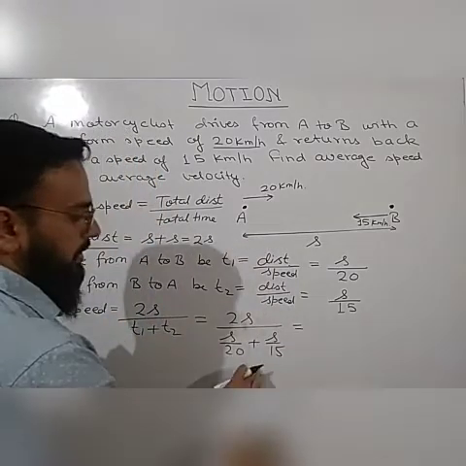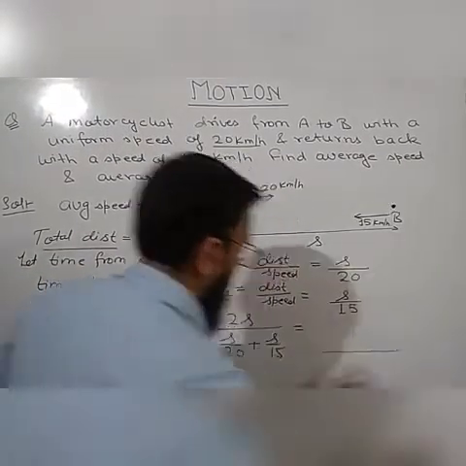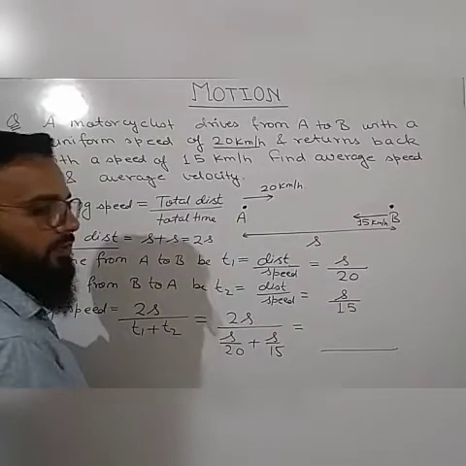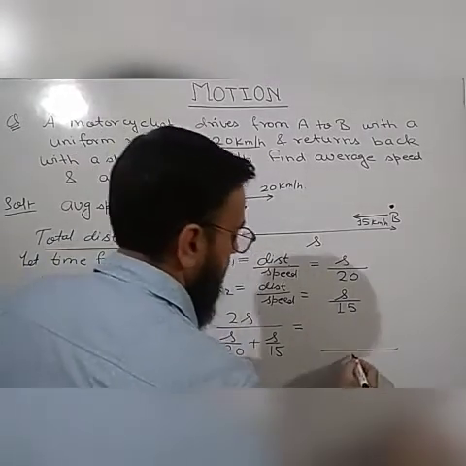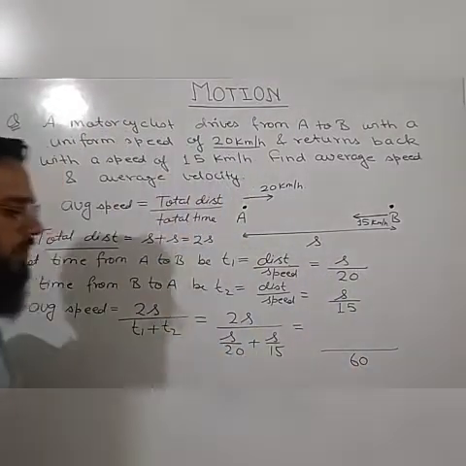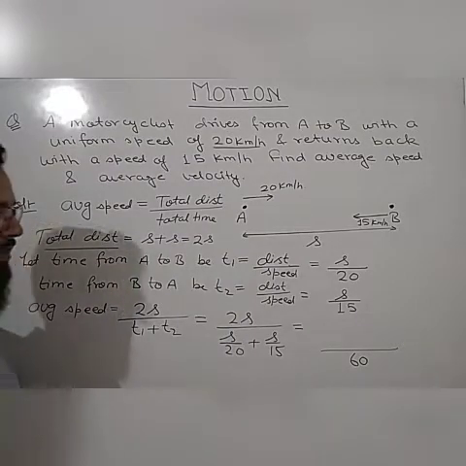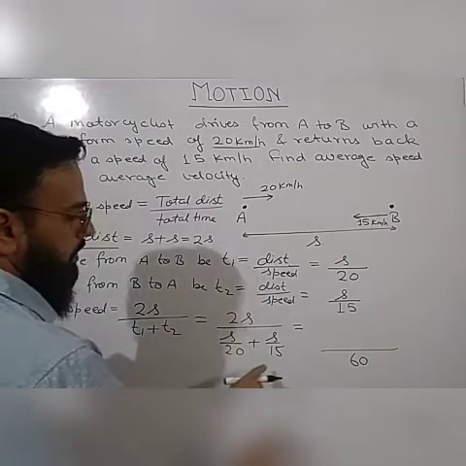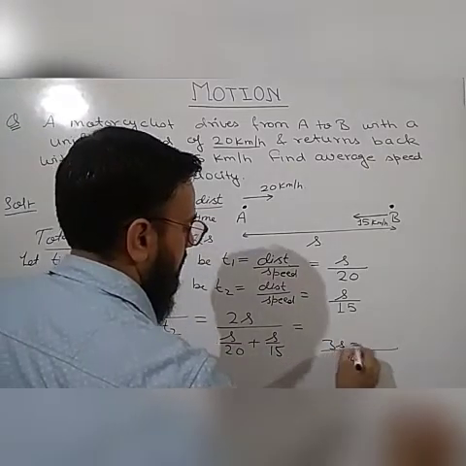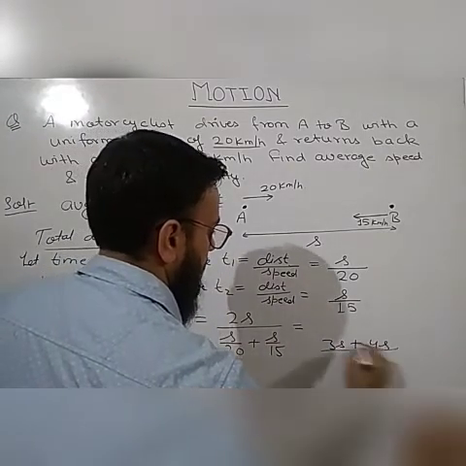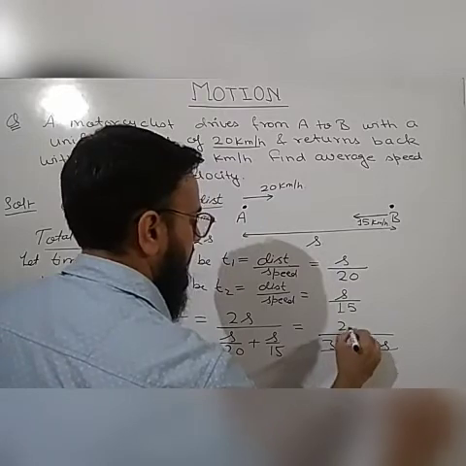If we solve it further, the LCM of 20 and 15 will be 60. So in the denominator we will get 3S plus 4S, and in the numerator it will be 2S.